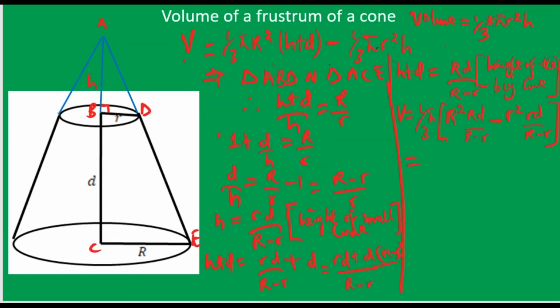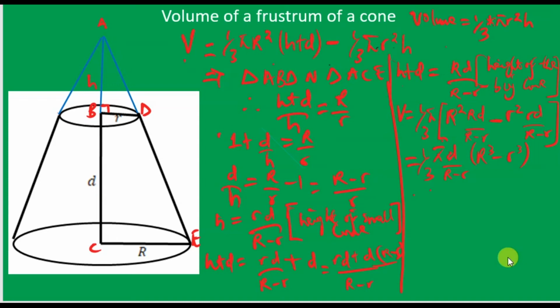So which is 1 over 3. If you notice, there is d over R minus r in both, so we bring out d over R minus r. So we are left with R cube minus r cube.